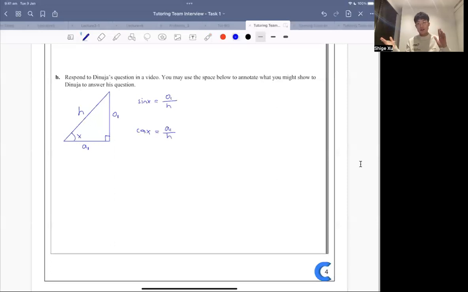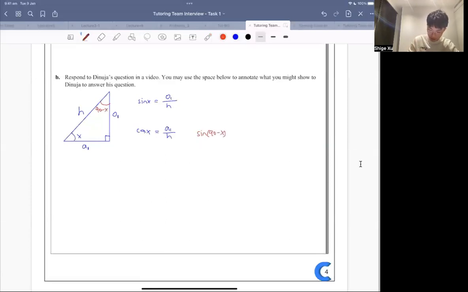But that's nothing year 11, year 12, right? That's just from year 10, year 9 trigonometric stuff. Now, instead of looking at this angle x, let's look at its complementary angle. This angle. What's that? Obviously, it's 90 minus x. So let's compute sine of 90 minus x.